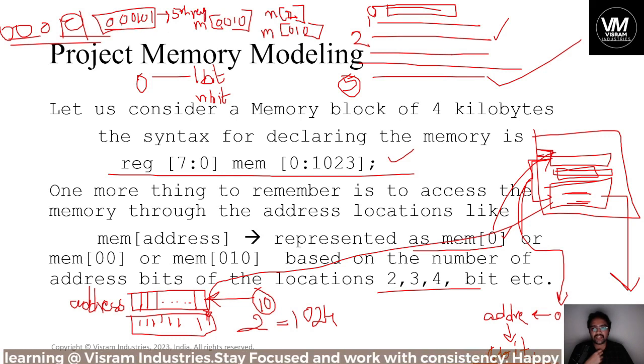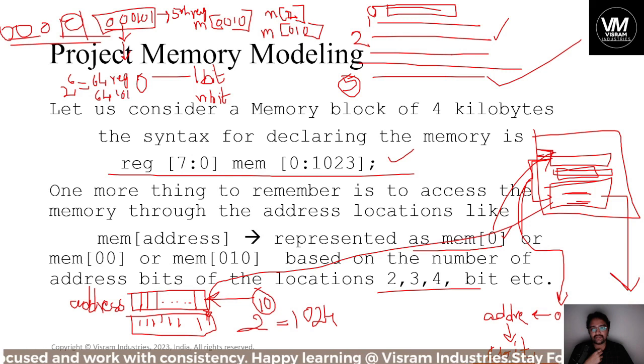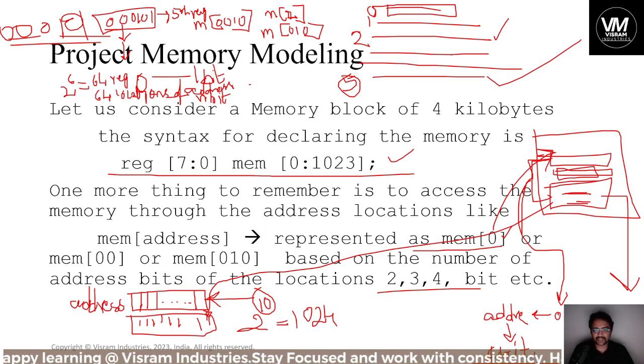But how many 6-bit registers do we have? Simply 2 power 6 is equal to 64 registers. I mean 64 address locations. Got it? Understood, right? That is how the memory address is very important.